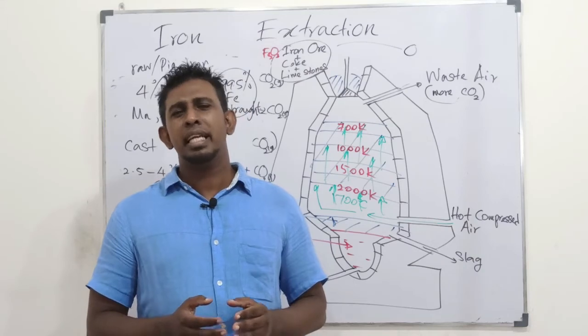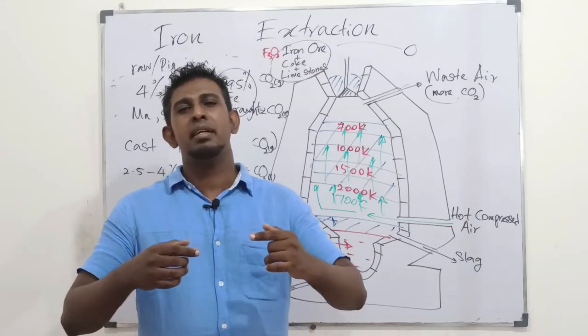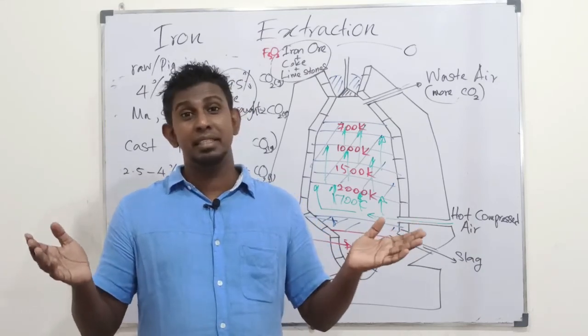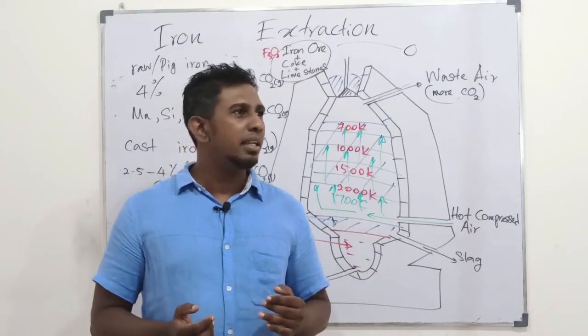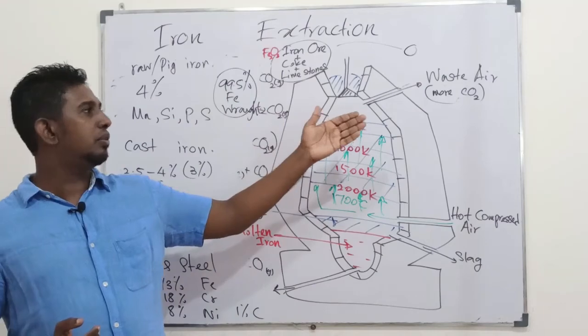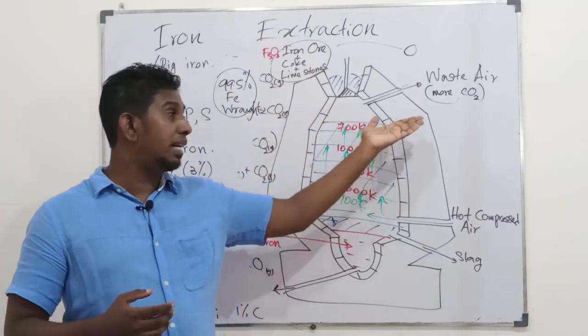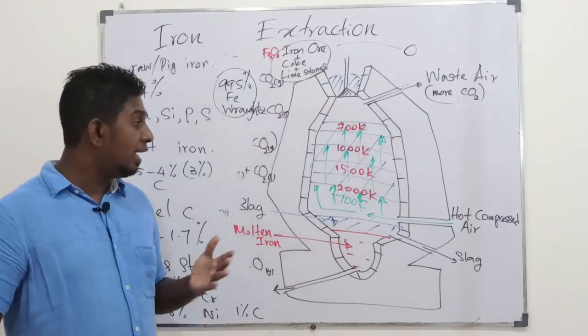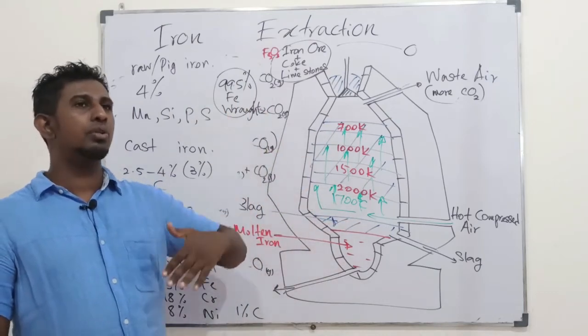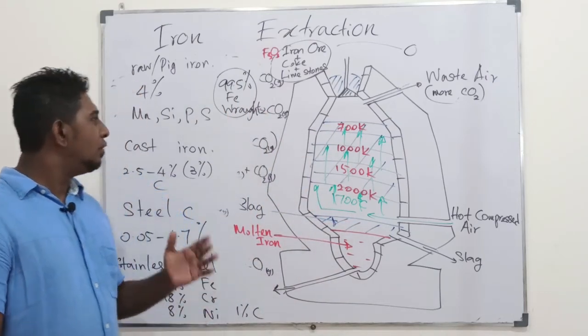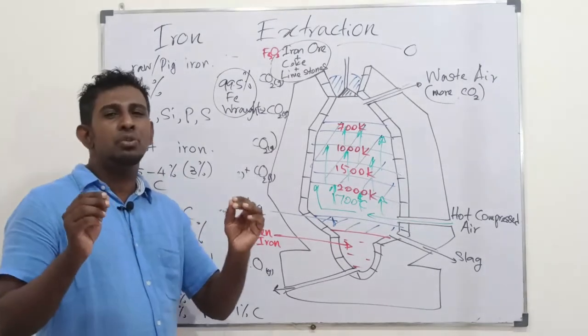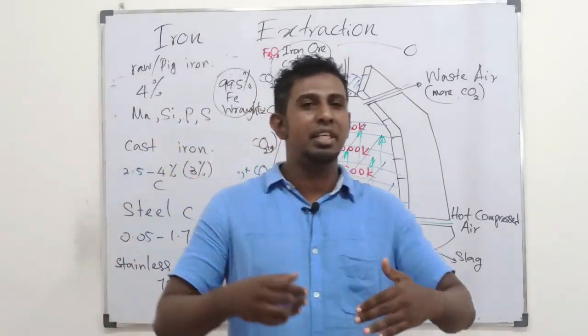Then it's recommended to use a lesser amount of iron-containing substances, meaning lower iron consumption, because on one hand it contributes to environmental pollution by releasing carbon dioxide, and the heat could also result in some environmental pollution. Anyway, those are the things that you need to know regarding the iron industry.